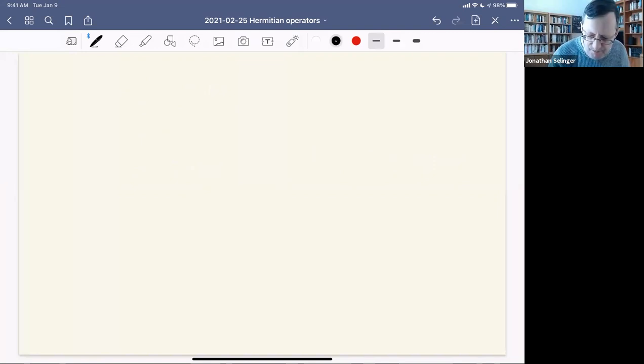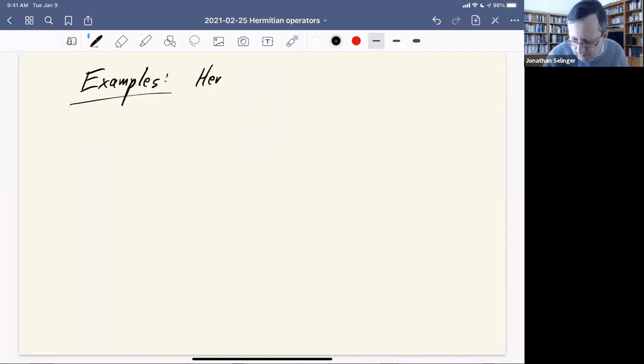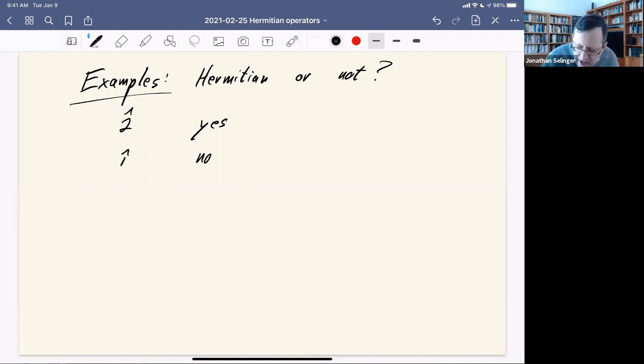Let's do some more examples. I showed you some examples of figuring out whether operators are Hermitian or not. My first example was just multiplying by 2, and the answer is yes, that is Hermitian. Multiplying by i, no, that's not Hermitian.